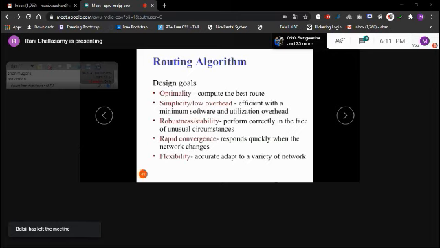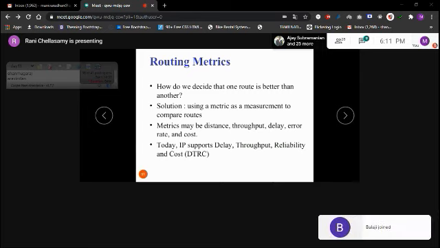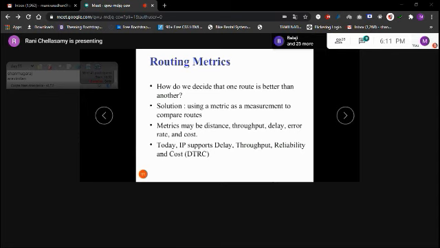Based on these metrics, the router will decide which route to select for forwarding the packet next. This becomes the measurement to compute which route can be the best one.